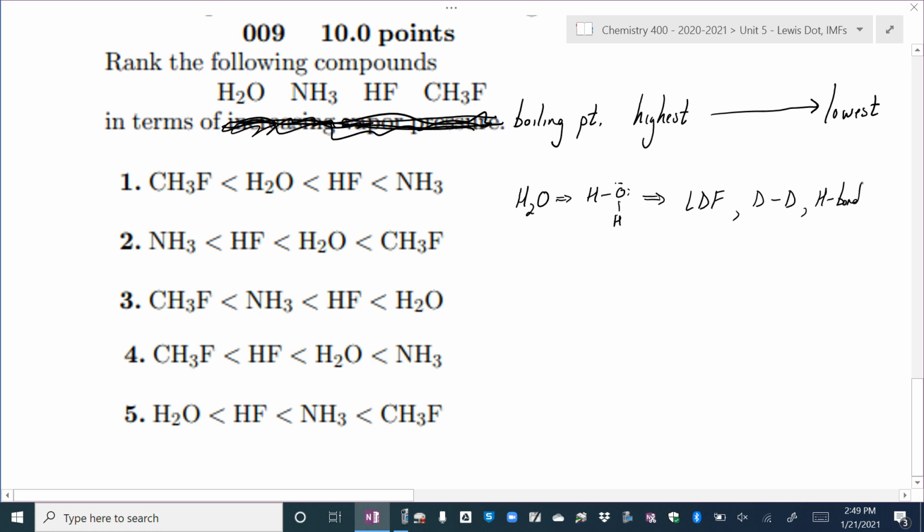I'm going to put H bonding times 2. It has 2 hydrogens that are attached to oxygen, and that oxygen has 2 lone pairs, so it could do that hydrogen bonding with another molecule. So it can form twice the number of hydrogen bonds. Okay? And let's take a look at NH3.